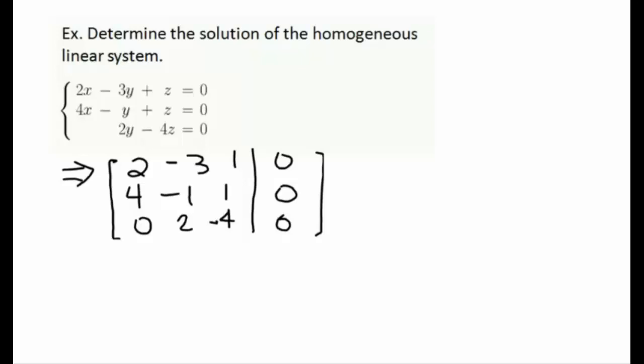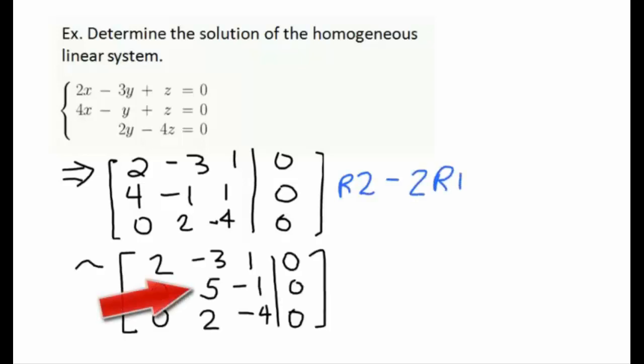I'm going to use this 2 to get rid of the number 4. I'm going to do the operation row 2 minus 2 row 1s. Now next I'm going to look to put a leading one in this position, but again if I divide row 2 by 5, I'm going to end up with a fraction over here. So instead of obtaining fractions, I'm actually going to switch row 3 up into row 2.